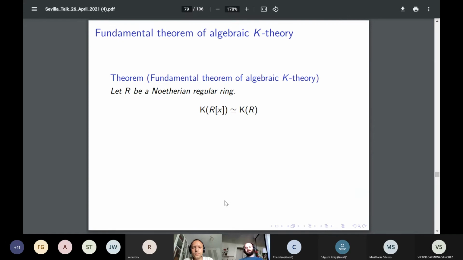Okay, one interesting application of this result is to the fundamental theorem of algebraic K-theory, which is due to Quillen.